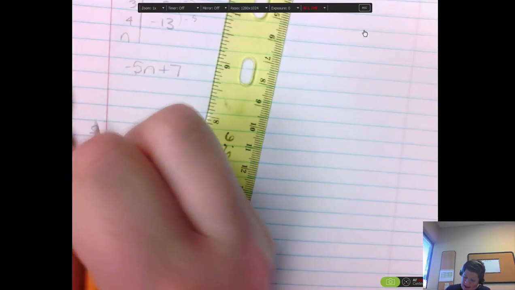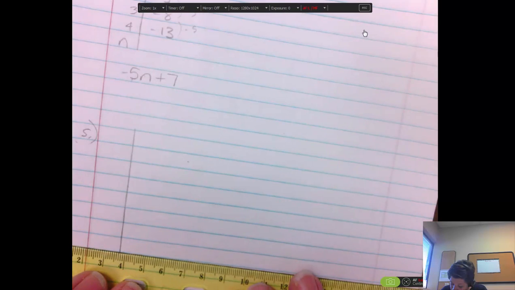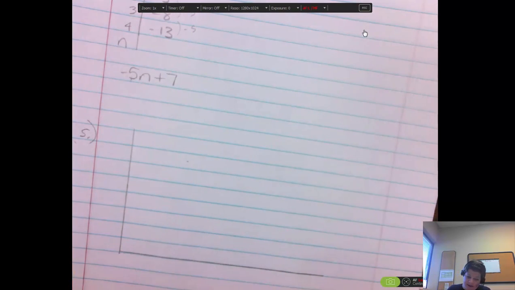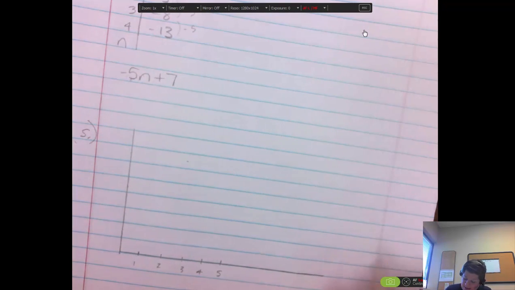So let's see, what if I had a graph? I'll do an easier one. What if the graph was, oh, that one's a little hard. 1, 2, 3, 4, 5. All right, I'm just going to do this one anyway.